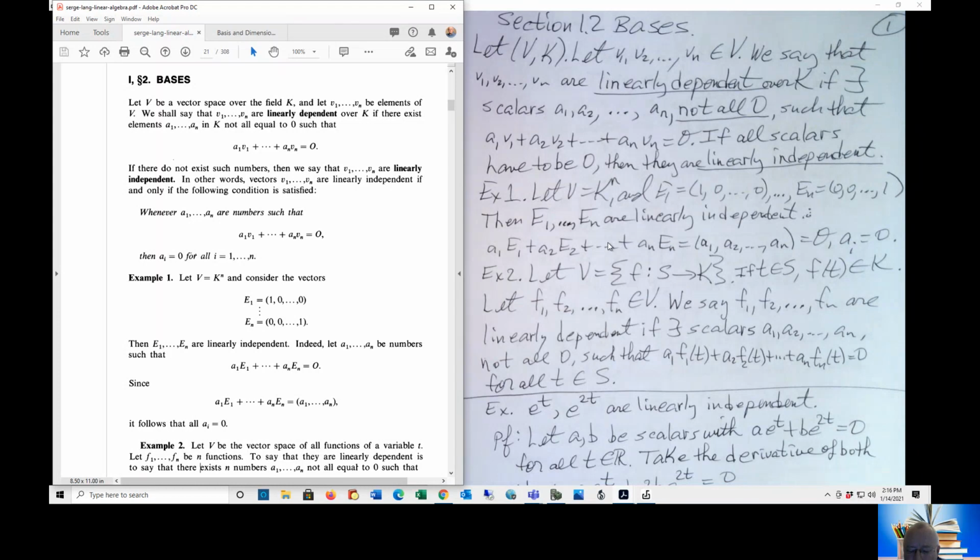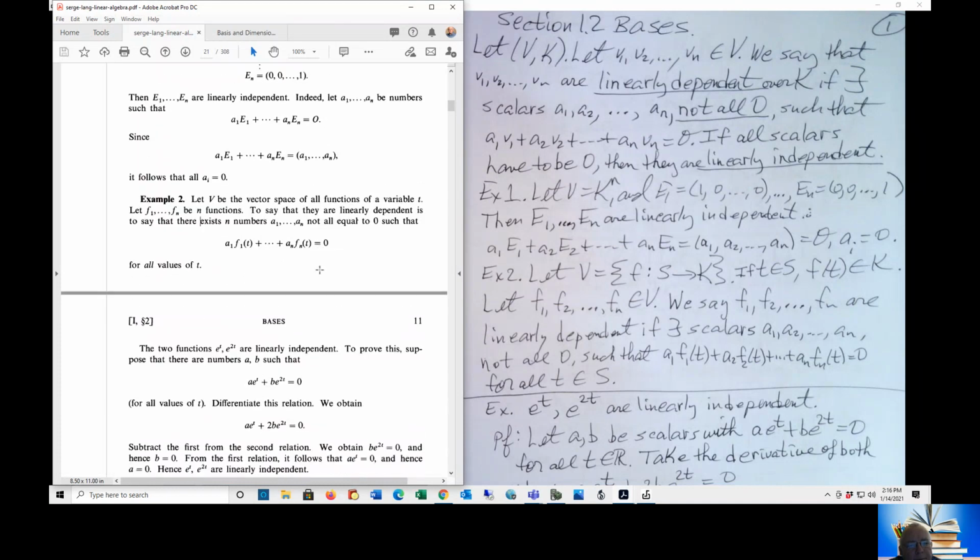We see that by taking a linear combination of scalars, a1 e1 plus a2 e2 through an en, equal to the 0 vector. When you do the computation, you'll notice that you simply get the ordered n-tuple a1, a2 through an.